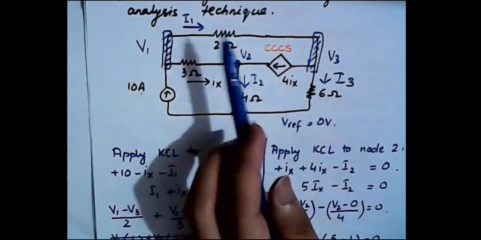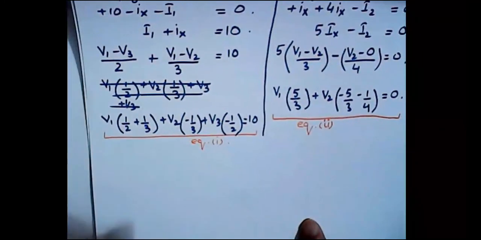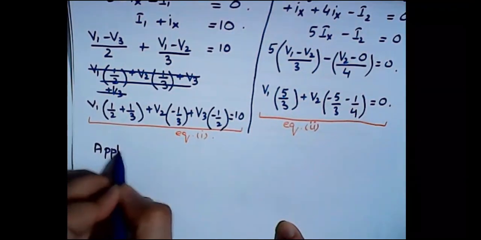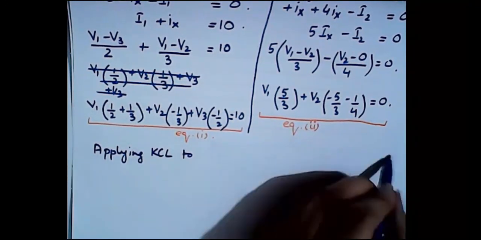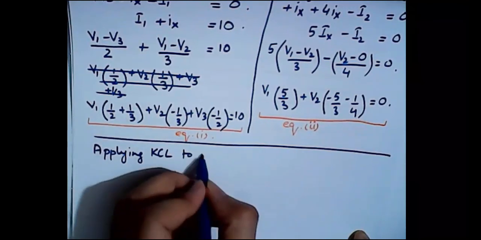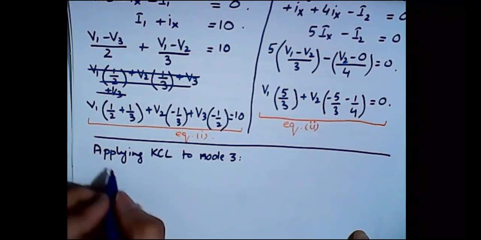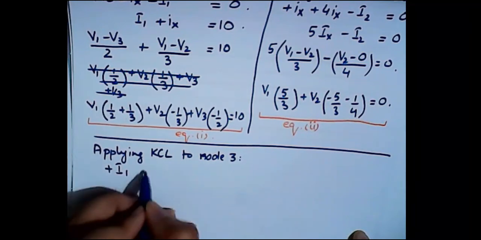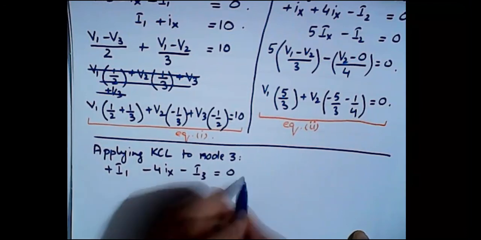So the equation will become plus I1 minus 4Ix minus I3, applying KCL to node 3, is equal to 0, right?